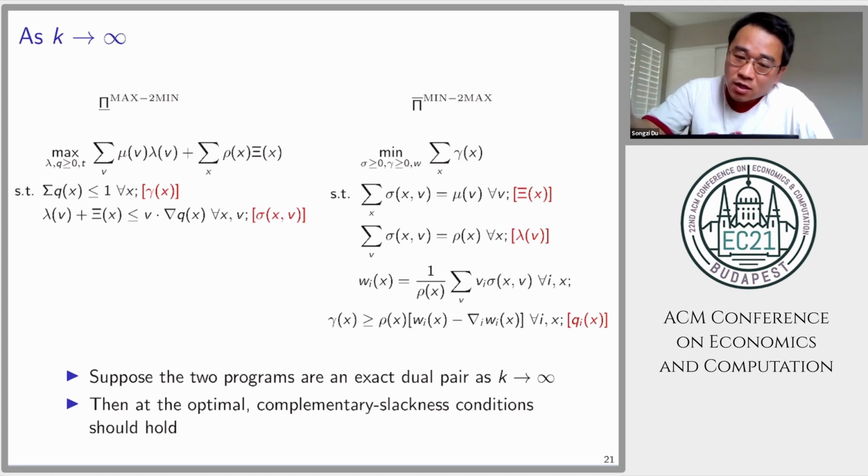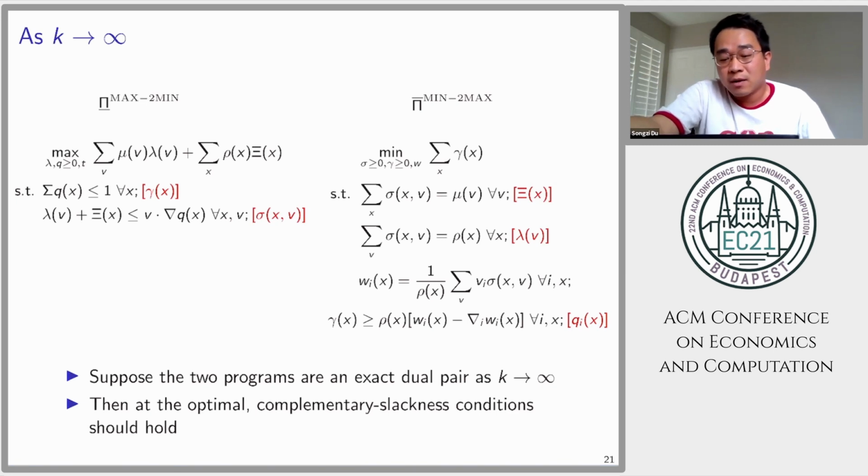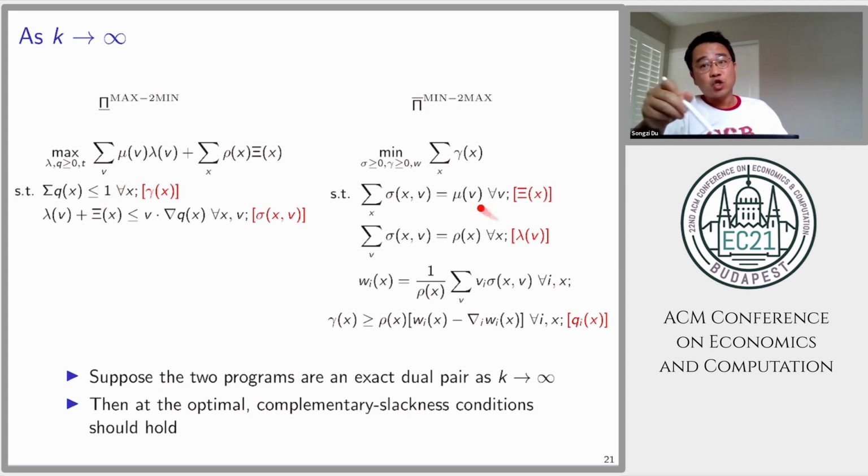Okay, because suppose they are exactly dual in the continuum limit as k goes to infinity, then we can use the complementary slackness condition, which should characterize optimal solutions between these two programs if they are dual problems to each other, right?